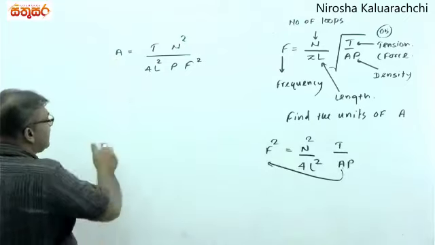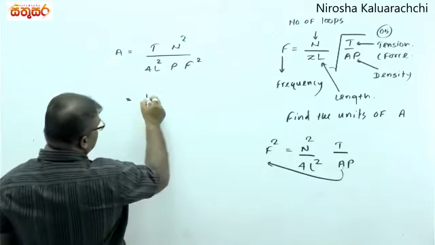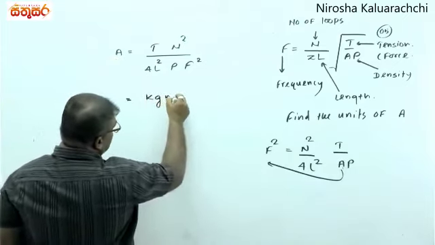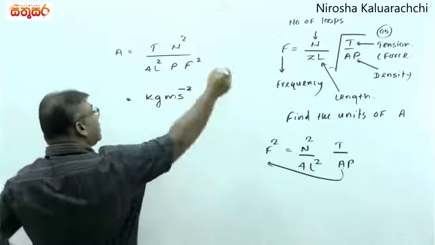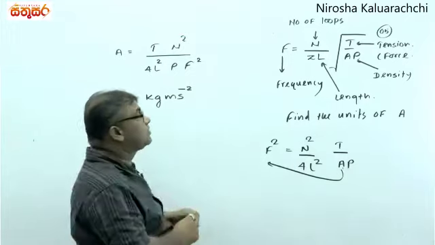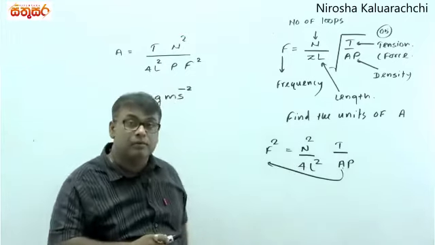Then substitution. T, tension, is force, which is kg m s minus 2. Here we have the number of loops, a numerical value.